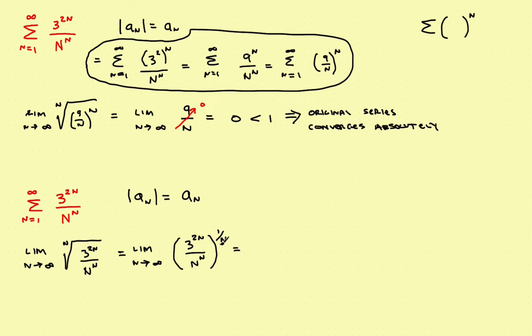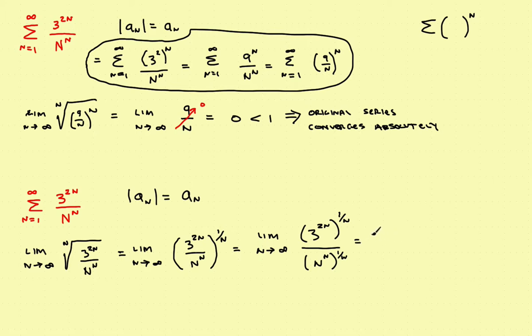Now at this point, you can individually take both of these to the 1 over n power. So I'll make that be the limit as n goes to infinity, and it's going to be the numerator raised to the 1 over n power divided by the denominator raised to the 1 over n power.